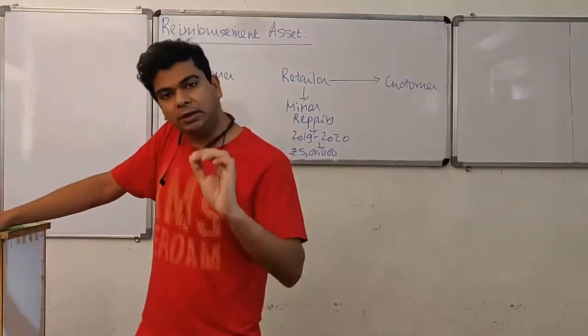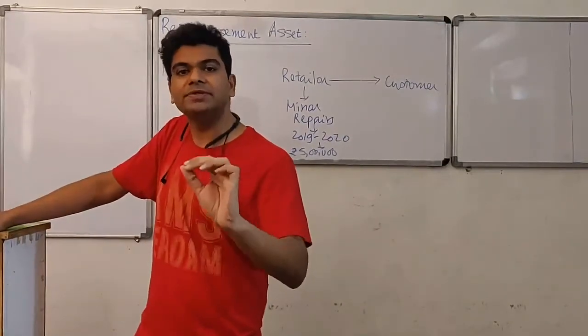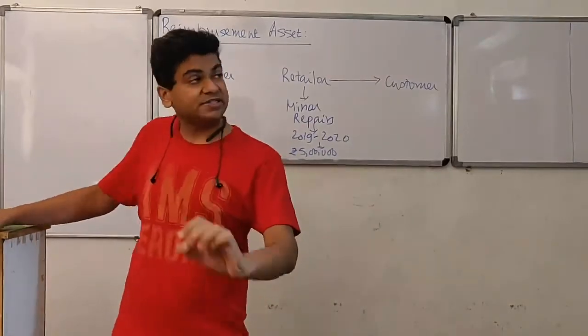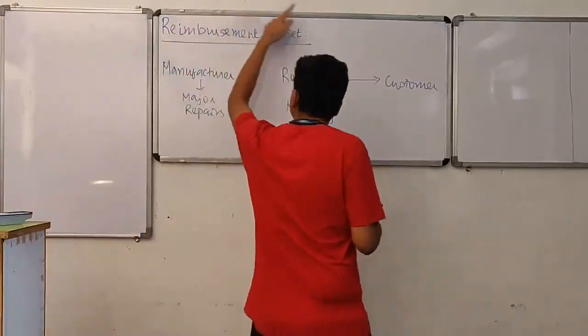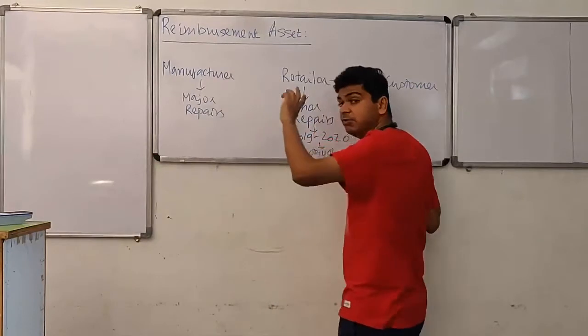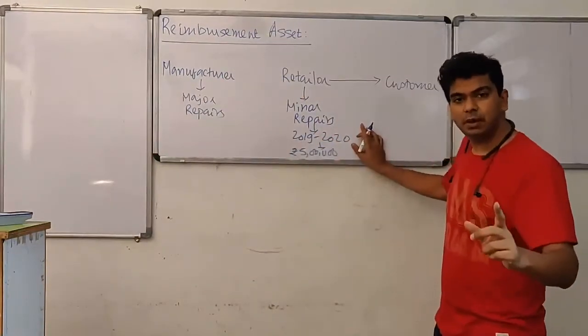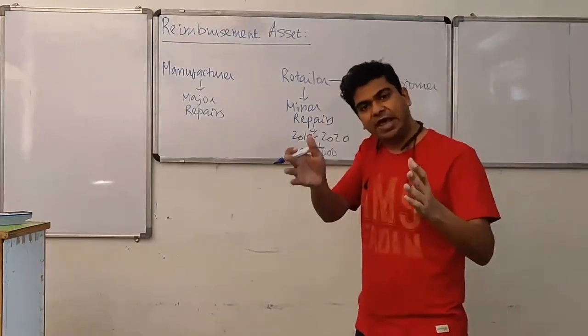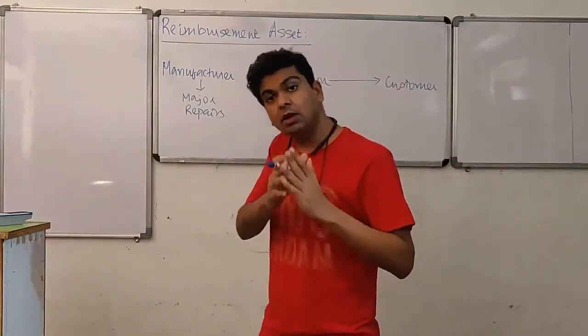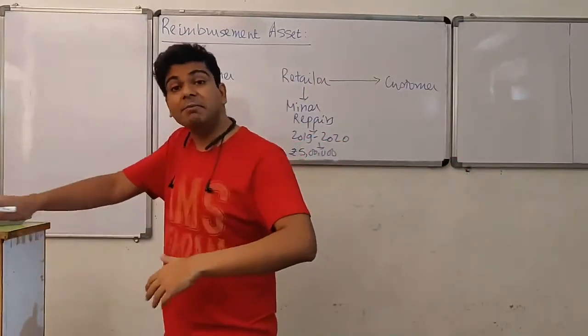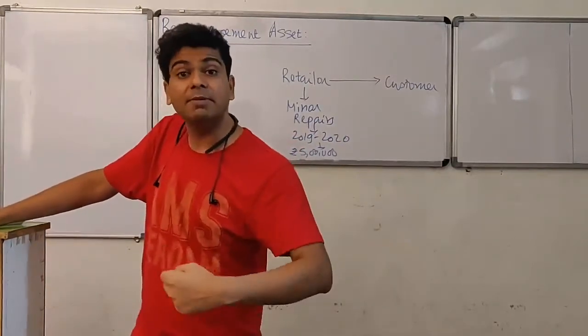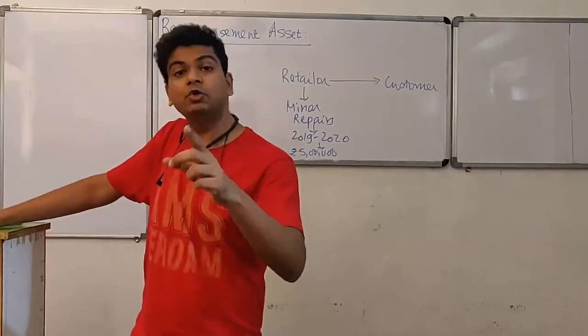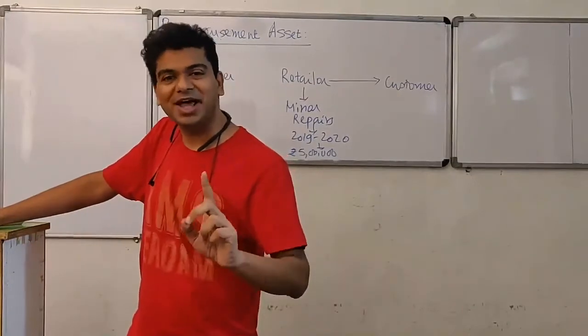So, what are we supposed to do in this situation? If you are saying that I want to recognize a reimbursement asset in my books, it is possible only if you are 100% sure that this 5 lakhs will be collected. If you are of the view that I may be able to collect it or I may not be able to, then it will become a contingent asset.